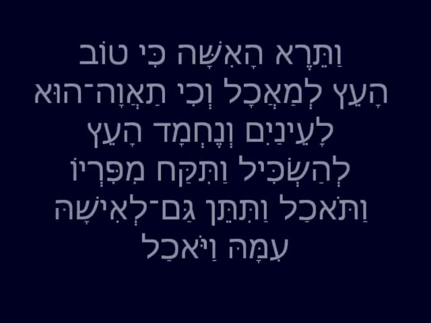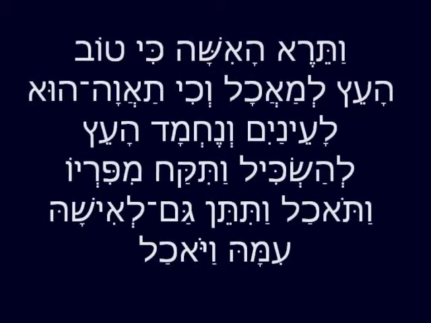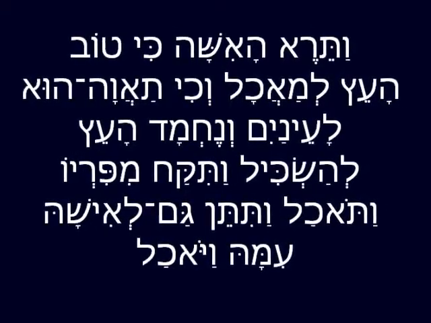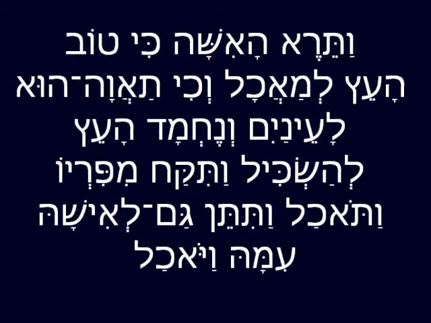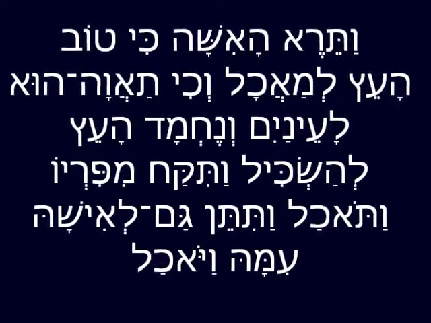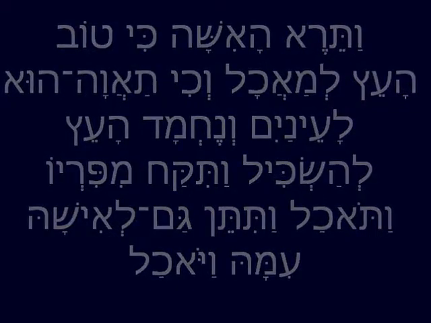Let's look at Bereshit Gimel, Pasuk Shesh, Genesis 3:6. ותראה האישה כי טוב העץ למאכל, וכי תאווה הוא לעיניים. ונחמד העץ להשכיל, ותיקח מפריו, ותאכל, ותיתן גם לאישה עמה ויאכל.